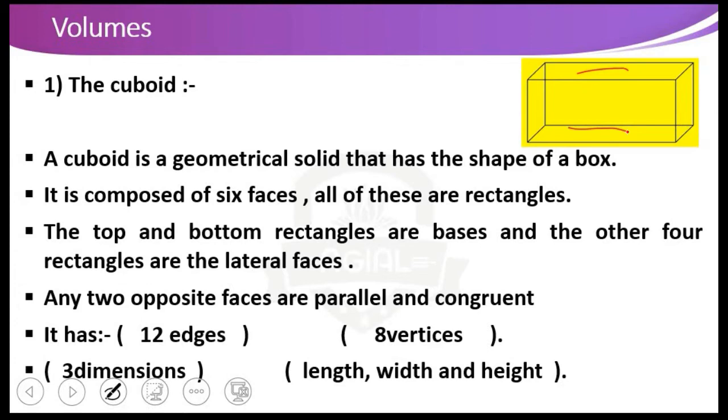The other 4 rectangles are called lateral faces. Each 2 opposite faces are parallel and congruent. So this face and this face are congruent and parallel, and the base here and the base here are parallel and congruent.